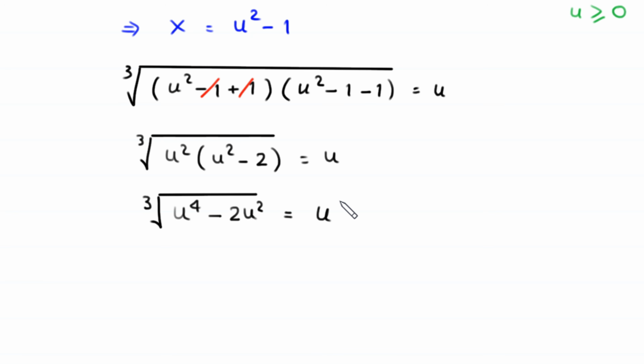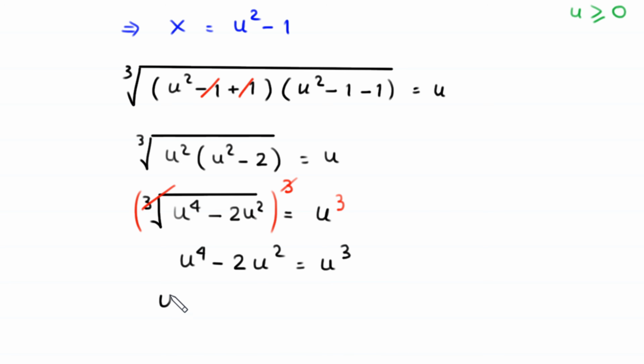And from here we take cube of both sides. So this cube will be cancelled out with this cube root, and at left hand side we are left with u to the power 4 minus 2u squared equal to u cubed. Move this u cubed to the left hand side.